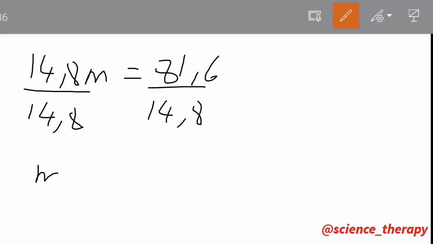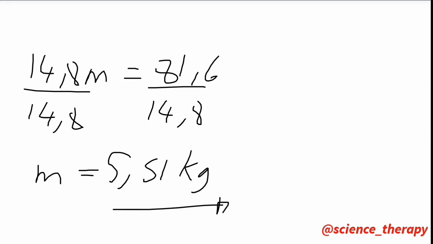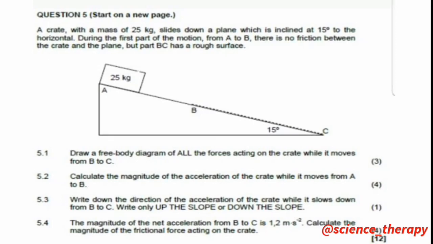Then we have m is equal to 81.6 divided by 14.8. That gives us 5.51 kg. Right. Awesome. So that's it for the question. We have found the mass. Let's go to another one.